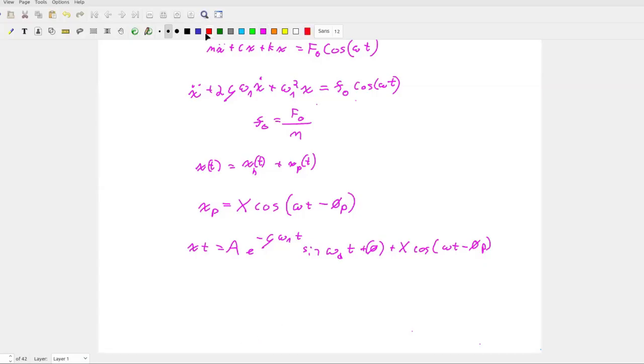And this is my solution. So if you don't write much down, go ahead and write this down. So again, our homogeneous solution is the exact same one we had before. Our particular solution is just adding in the X cosine of omega t minus phi p. This would be x of t.